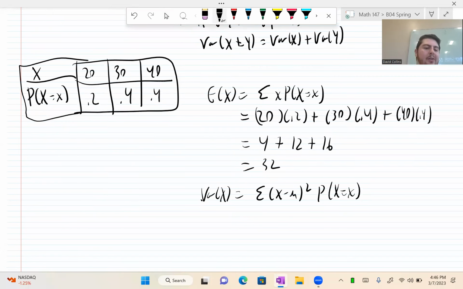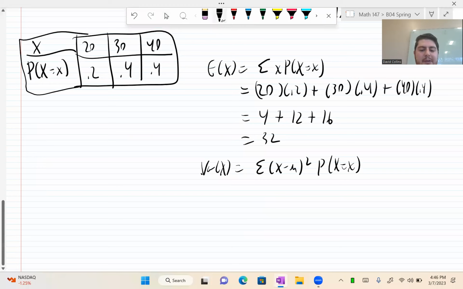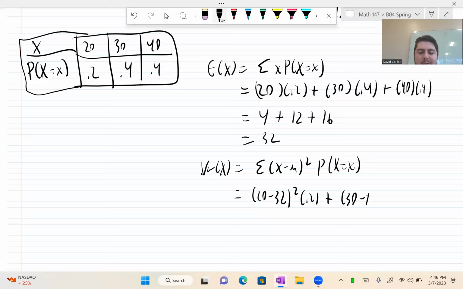What this notation means is the probability that the random variable equals the little x, which is referring to 20, 30, or 40. So this would be (20 minus 32) squared times 0.2 plus (30 minus 32) squared times 0.4 plus (40 minus 32) squared times 0.4.